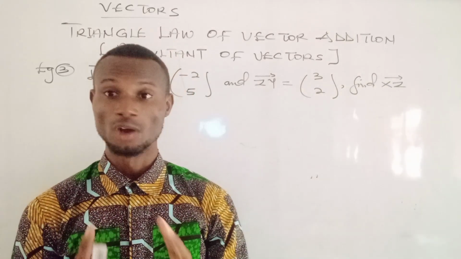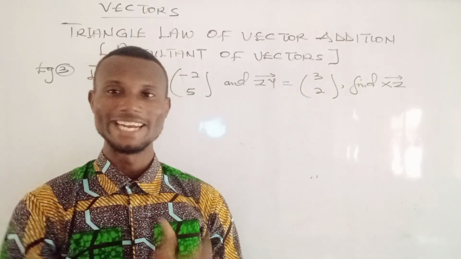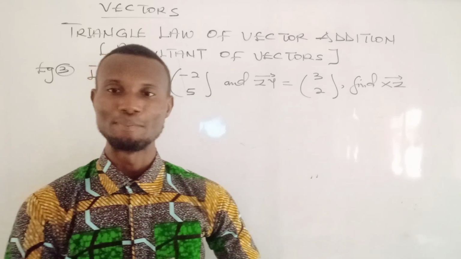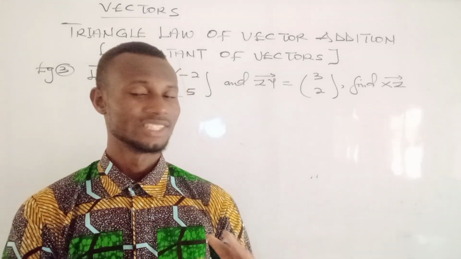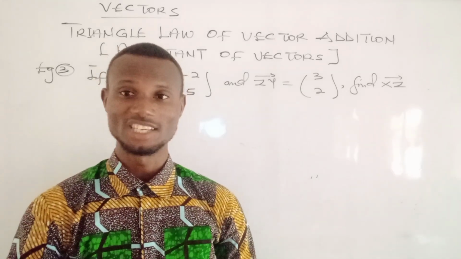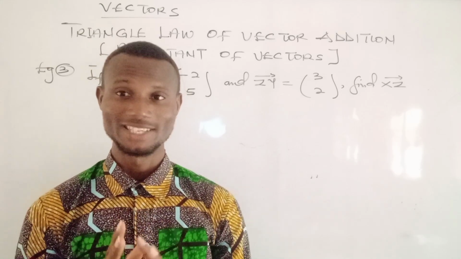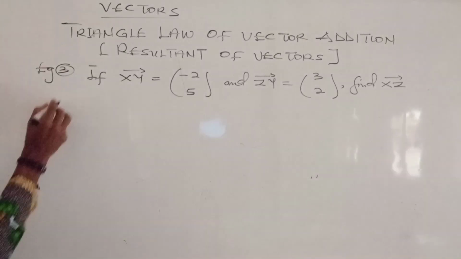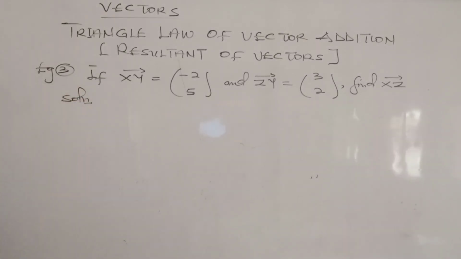So I'm going to draw the triangle in such a way that when I label it, the SZ will come at the base of the triangle. Always just put whatever you are being asked to find at the base of the triangle. That's the right way to go about it. So let's go ahead and draw the triangle. Let me write down my solution and let's begin to solve together.